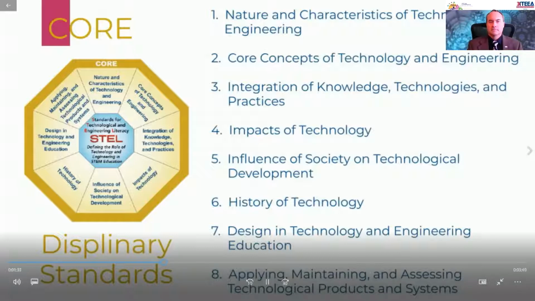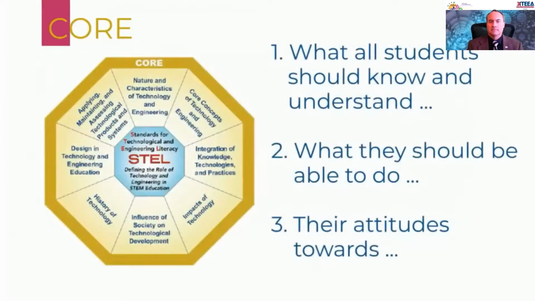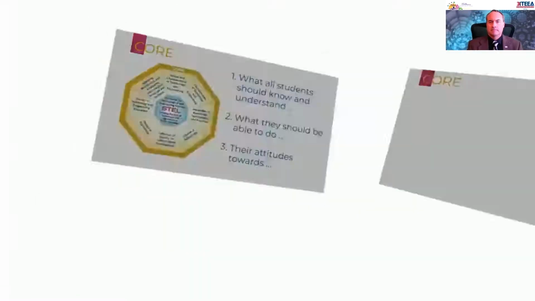The core standards also identify the relationship between technology, engineering, and other fields of study, as well as technology and engineering in a broader context. The 8 core disciplinary standards and their associated grade level benchmarks encompass 3 types: what students should know and understand about technology and engineering, what they should be able to do, and their attitudes towards technology and engineering.